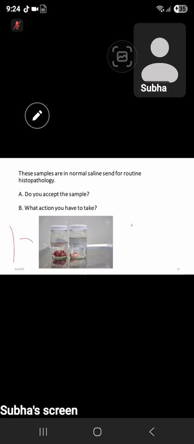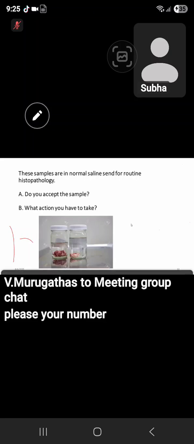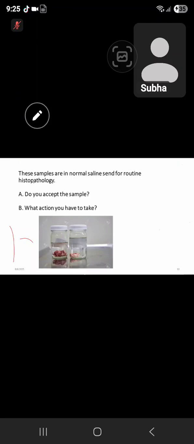Next question. Do you accept these samples? No, because these specimens were sent in normal saline, right? This is not mentioned in the question, but routine histopathology means H&E stain.